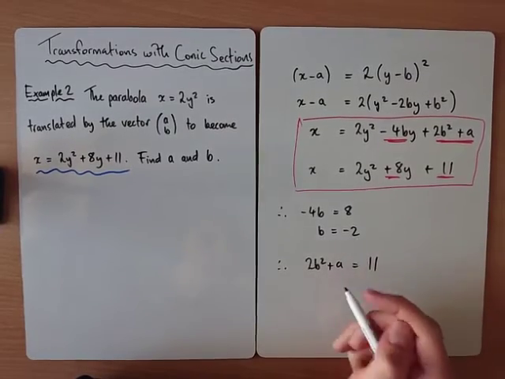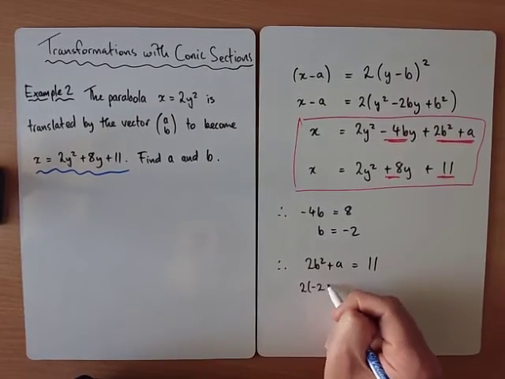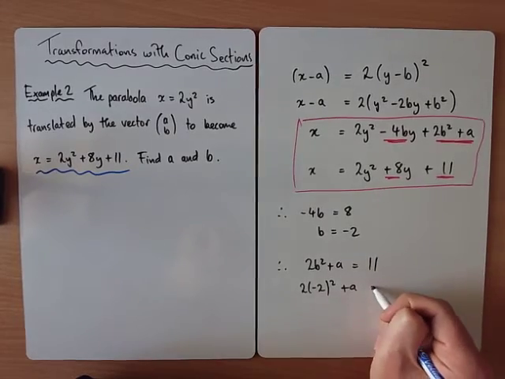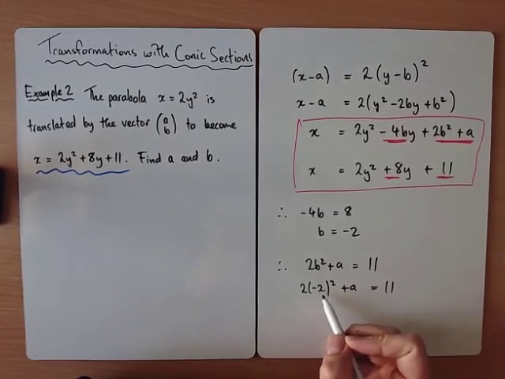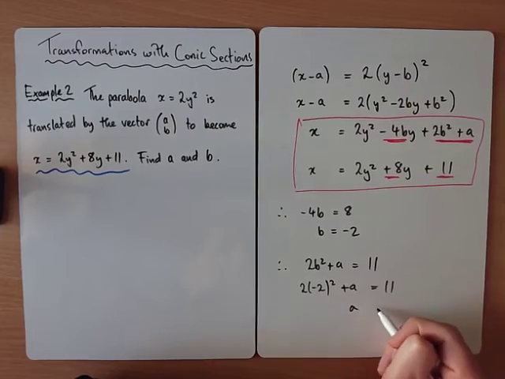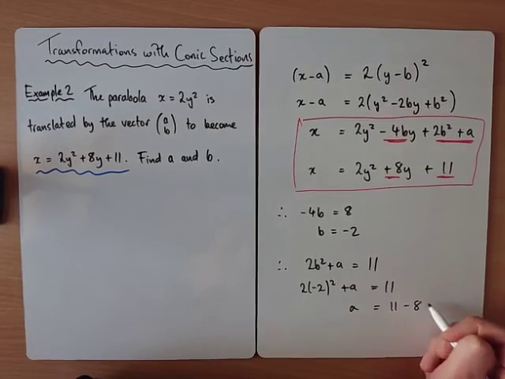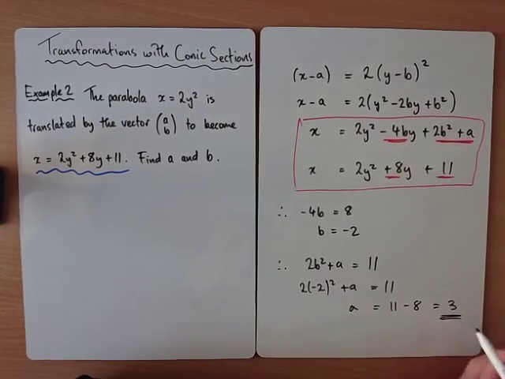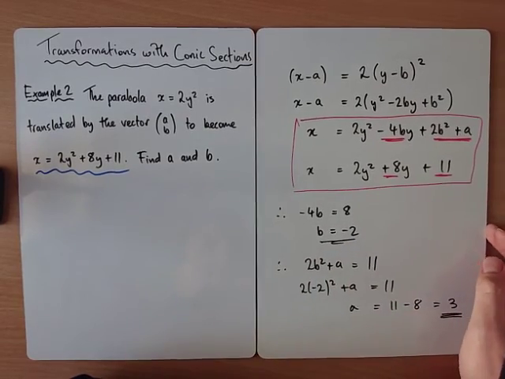We already know b is equal to minus 2. So that would give us 8. So a would equal 3 and b would equal minus 2.